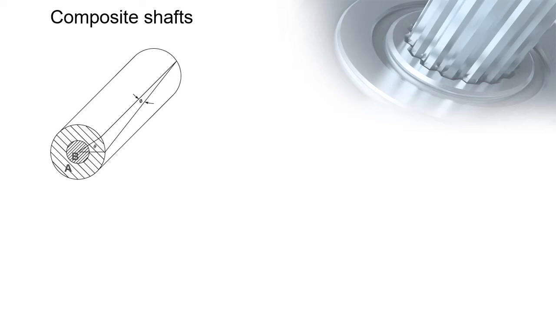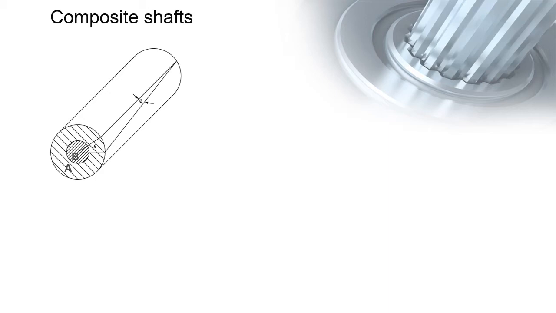When a torque is applied to the shaft, the two materials twist together, or they move as one. Hence, their angle of twists are equal. Meanwhile, the internal torque felt by the shaft is shared between the two materials.